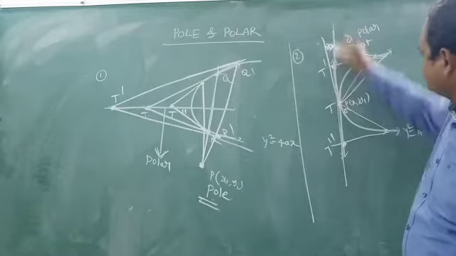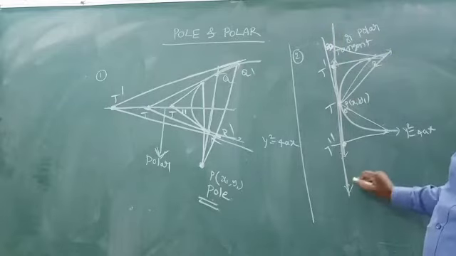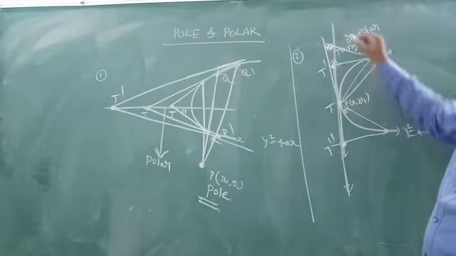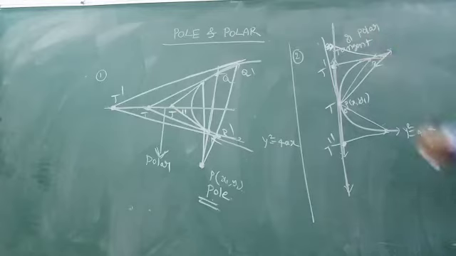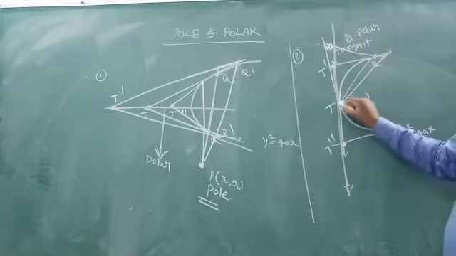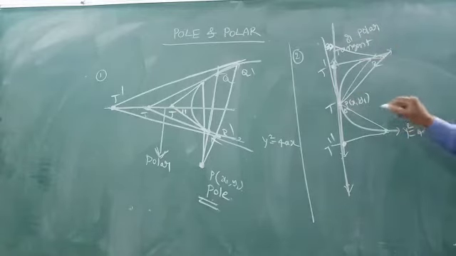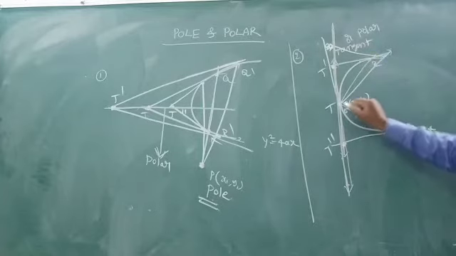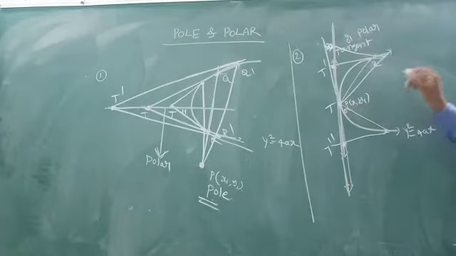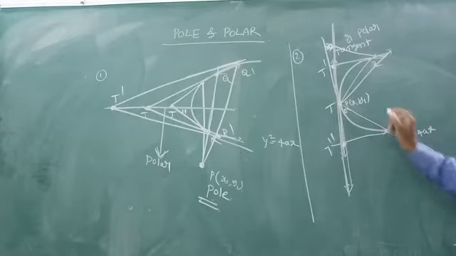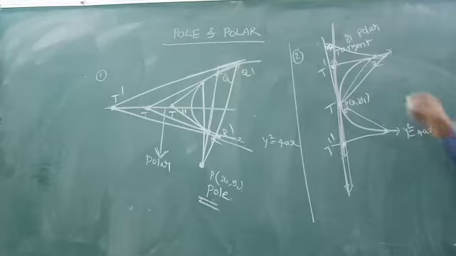If you join these, you are going to get the tangent of the parabola, or you call it the polar. Therefore, when a point P lies on the parabola, its tangent at that particular point will act as the polar, and that is nothing but the tangent of that particular parabola. Therefore, in this case, the tangent is the polar, and that point P is nothing but the pole.